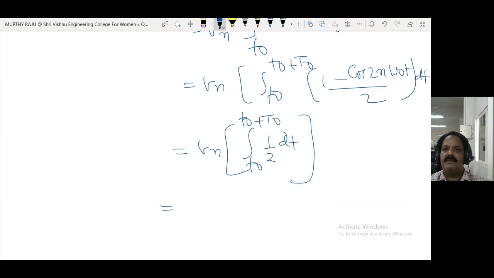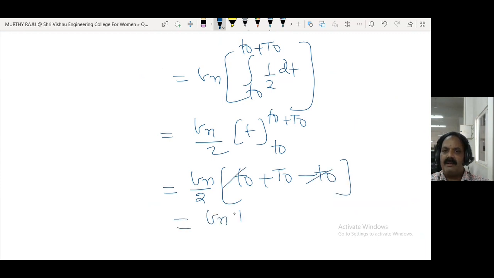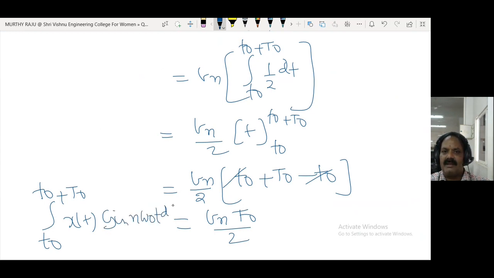Here bn by 2 times the integral of 1 dt, which is t, evaluated from t naught to t naught plus capital T naught, is equal to bn by 2 times (small t naught plus capital T naught minus t naught), that is bn T naught by 2, equal to the integral of x of t sin n omega naught t.